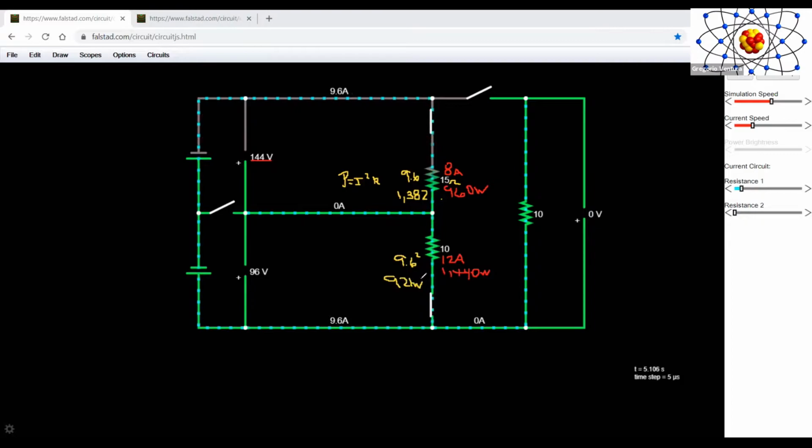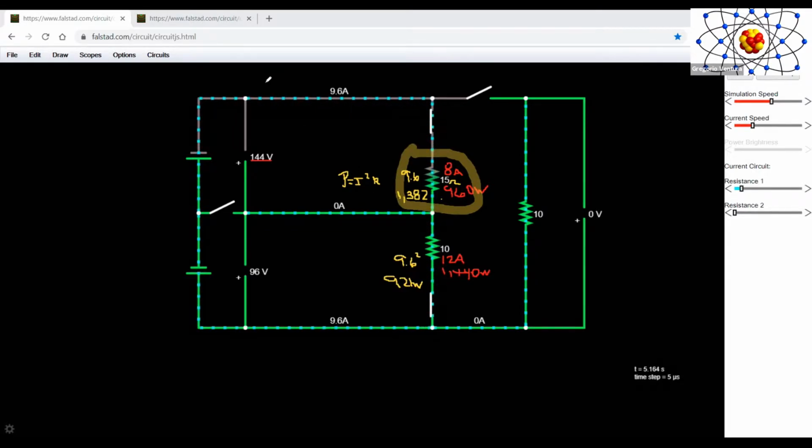So at the end of the day, what's going to happen in the circuit over time is that this whole circuit is going to collapse, because this one is going to stop working. Like this one is going to stop working here because it's overheating, and because it's a series circuit, the whole system will collapse.